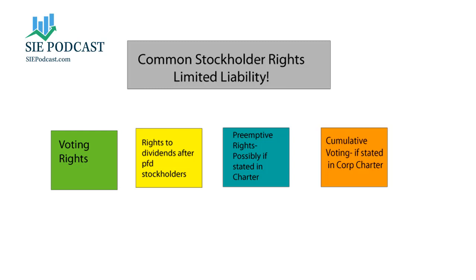But the amount of votes that you have is determined usually by the number of shares you own. If a company's issued 100 shares and you own 50 shares, you have 50% of the voting rights. Now, there are some other concepts we'll get into later on, which talk about preemptive rights and other rights of stockholders that affect sometimes how you vote.